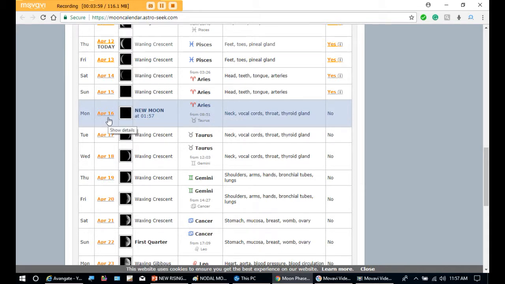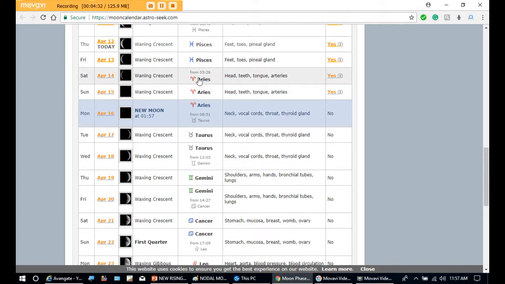So on April 16th, the new moon is going to occur in Aries, right between certain times from 8:51. Then Taurus kicks in. So it has everything to do with the head and the neck, vocal cords, throat, and thyroid. It looks like it's going into that Taurus effect. And so it's coming out of Aries, so you get 3 days.